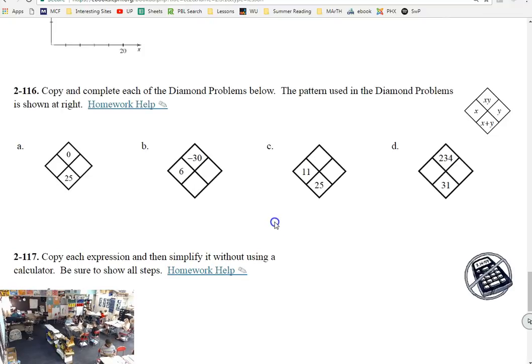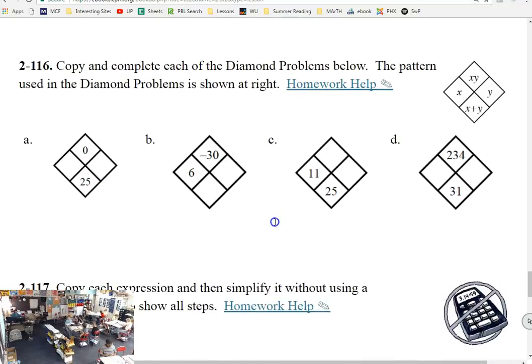116B. I'm just going to do it on this screen then. B as in boy or dog? Boy. What is -30? Is that some product piece? Yeah, it's the product, right? It's the x times the y. And this, according to my little diagram over here, is one of the pieces of that.